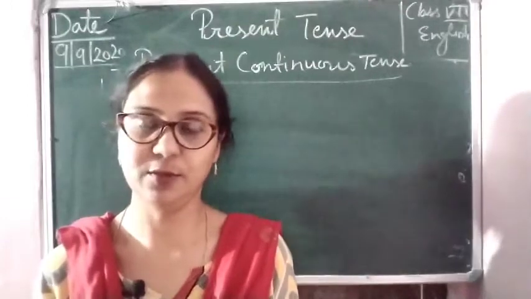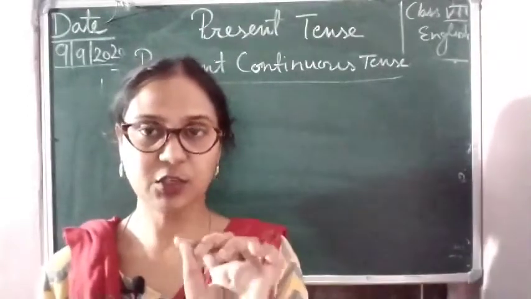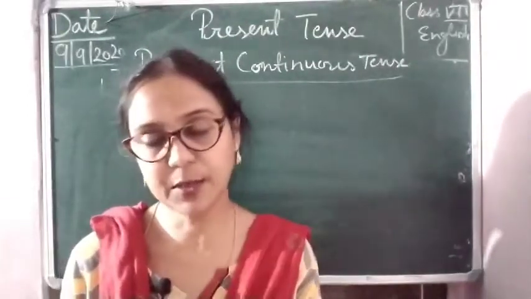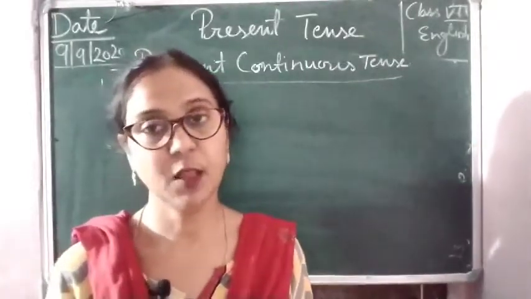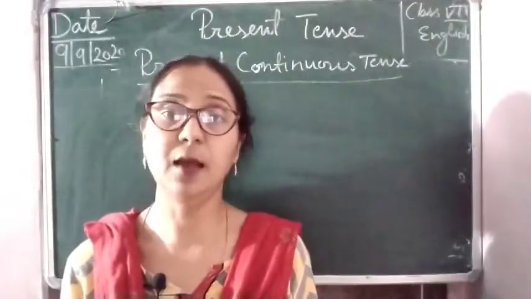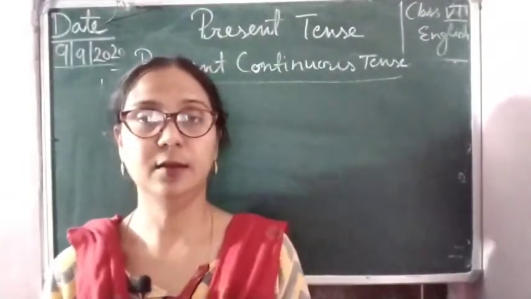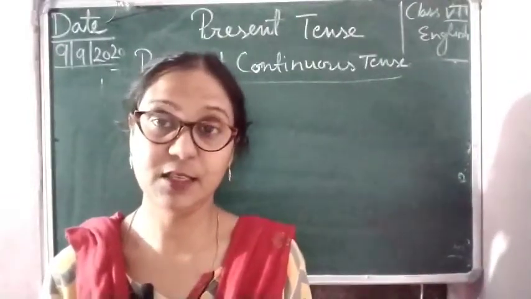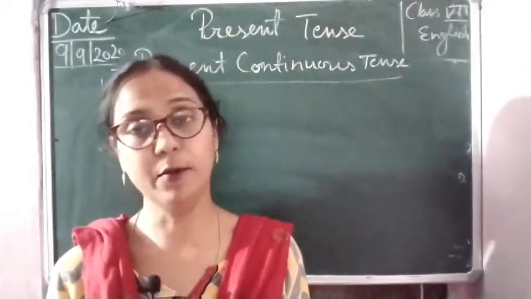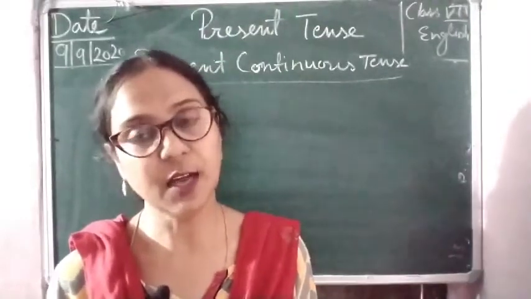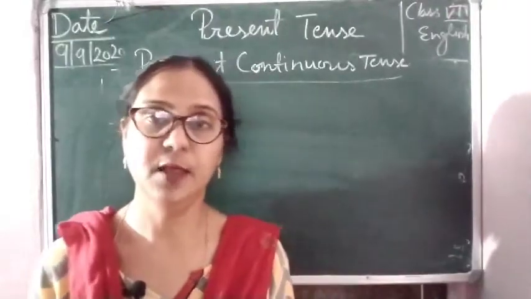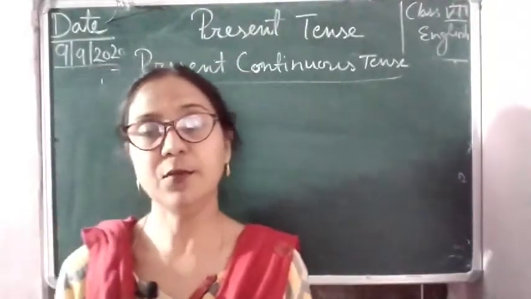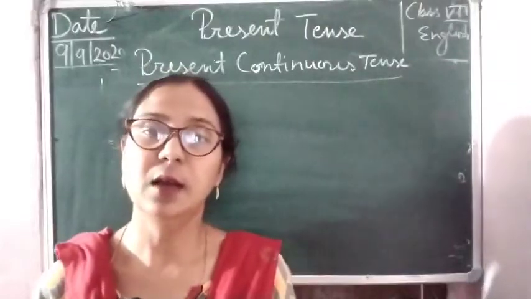Continuous in the motion. In which one thing you just always remember, whenever we are making present continuous tense, we are supposed to use is, am, are and verb with ing. This is, you can say, the rule of making present continuous tense. First of all, is, am, are we are going to use, and in verb ing.